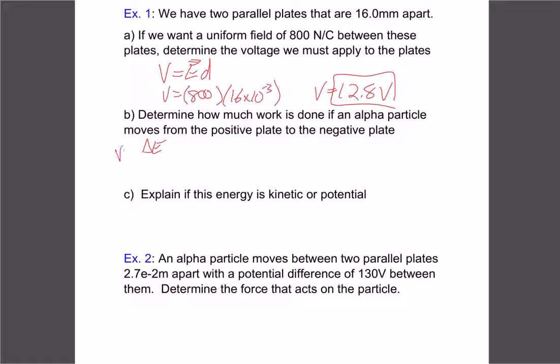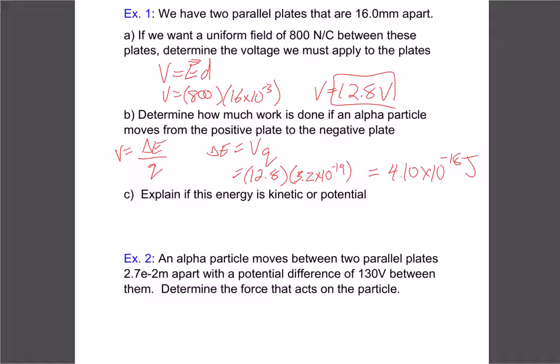Voltage equals energy over charge, so we can solve for energy by going voltage times charge. So we have 12.8 and an alpha particle, remember, is 2 times our base charge, so 3.2 times 10 to the negative 19. Multiply those out, we would get 4.10 times 10 to the negative 18 joules.